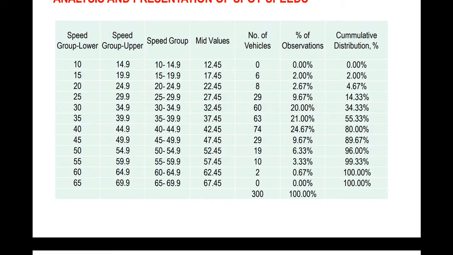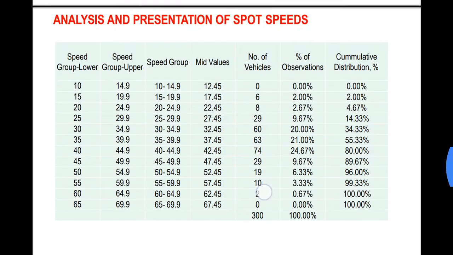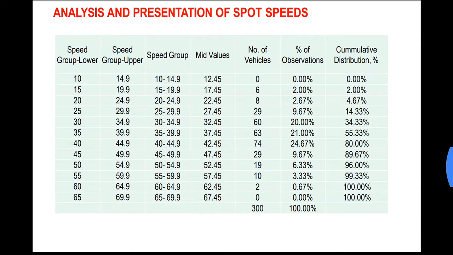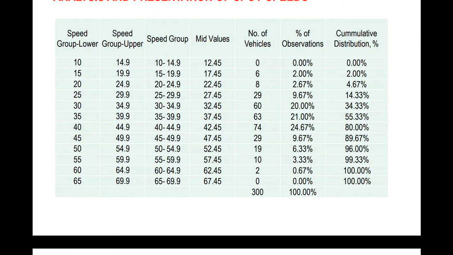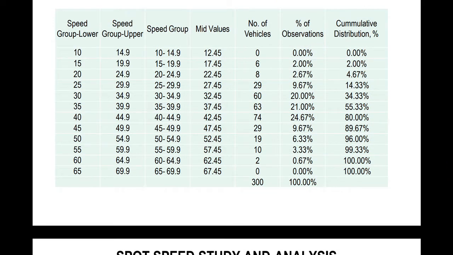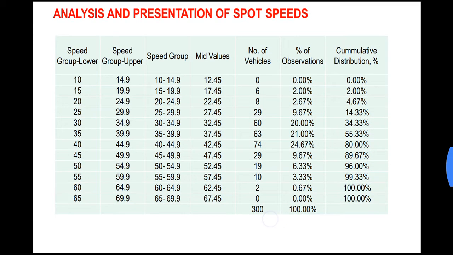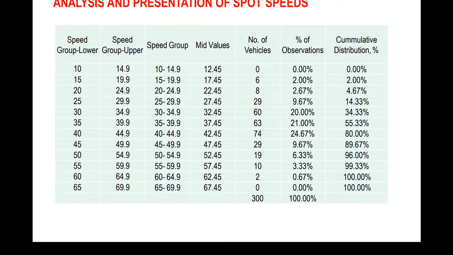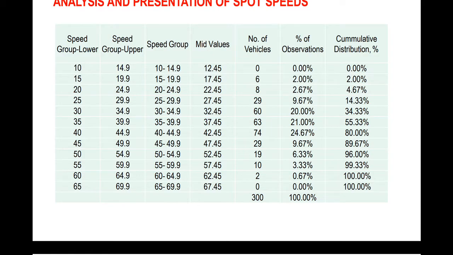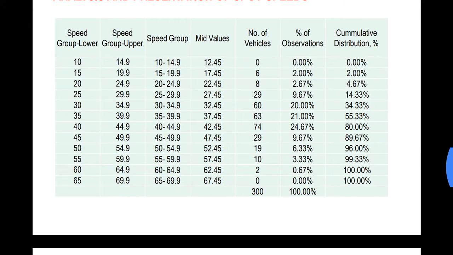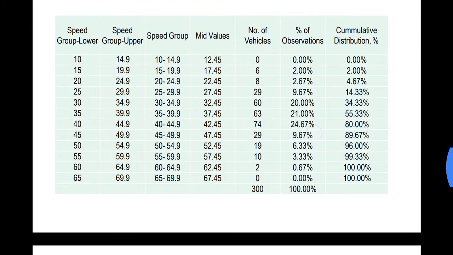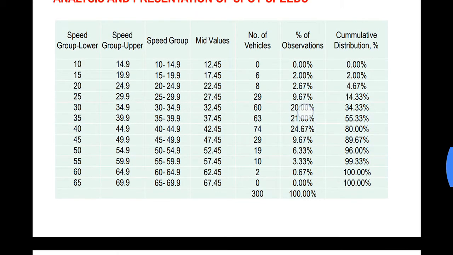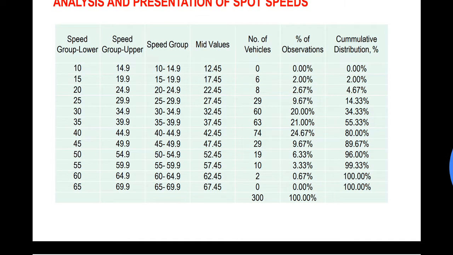Now we can find the percentage of observations. 0 out of, what are the total observations? 300. So 0 divided by 300 into 100 is 0. 6 divided by 300 into 100 is 2. Similarly we can do it for all the values, and this is the percentage of the observations along these speed ranges.